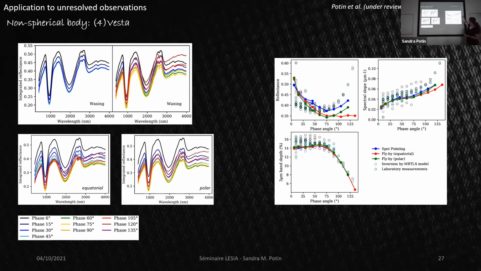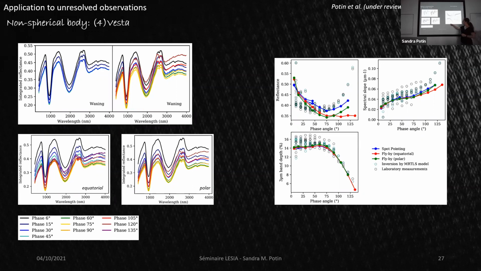In the case of the spectral slope, the simulations are bluer than what is measured in the lab. And for the 3 micrometer band depth, the amplitude of the band is lower than the reference surface. Again, it's the same surface, the same topography. The only difference is that in the lab the surface is flat, and in the simulation it is applied on the shape model and a terrain model.